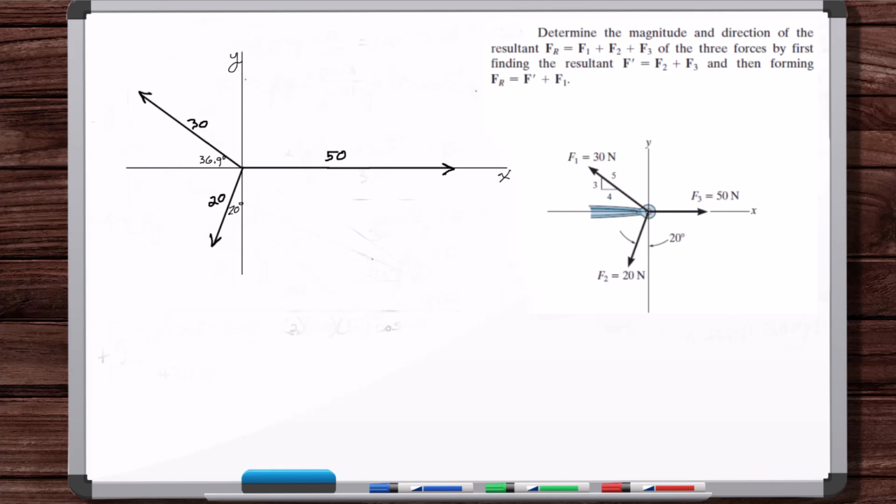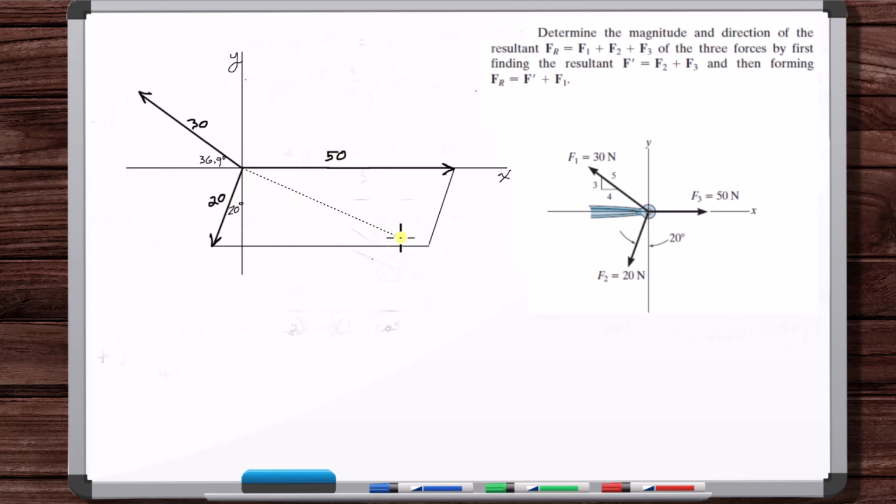All right, so it wants us to first find this F prime, which is F2 plus F3. So this is F2 and this is F3. So let's use the parallelogram method. So we can draw a line from here parallel to F2, and then like that.